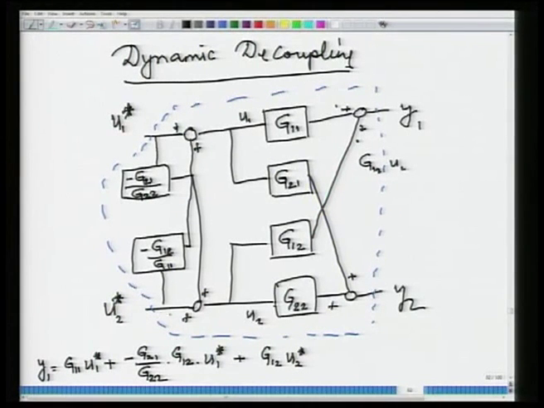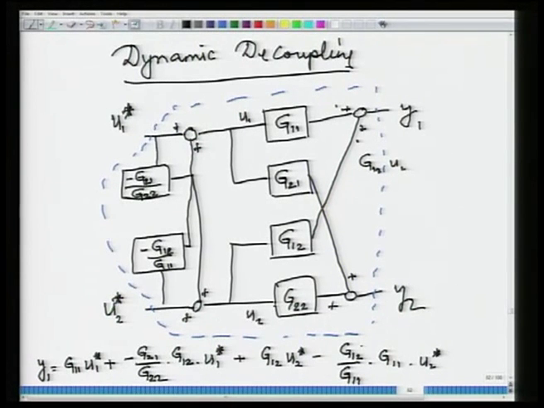Now, because u2 has gone up as a step, this decoupler will cause u1 to move, and that movement in u1 would be minus g12 over g11. This signal is minus g12 over g11 multiplied by g11 times u2 star.